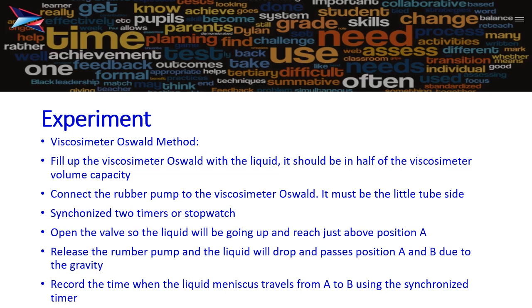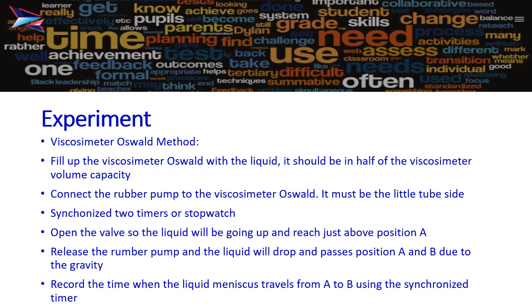Once again, you switch off timer A, and then you switch off the second timer when the meniscus passes B. So you take the difference between these two timers. Okay, so you determine the time traveled by the liquid from position A to position B. While you're measuring the distance between A and B, and you know the time traveling from A to B, then you are able to determine the velocity.